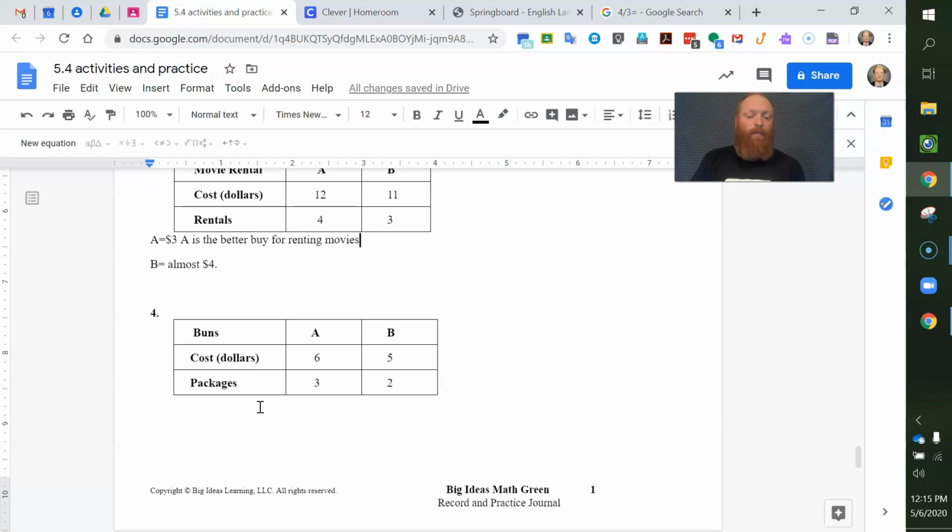Buns. Packages, $6 for 3 packages. That is $2 per package, because 6 divided by 3 is 2.